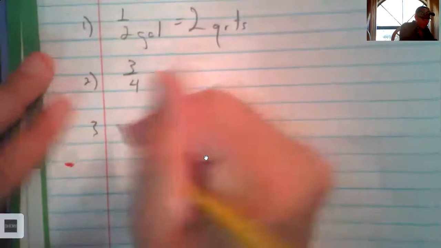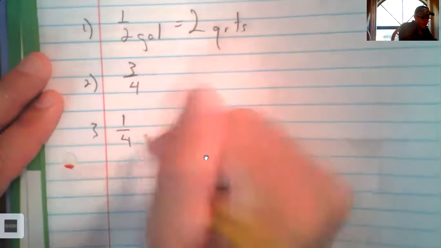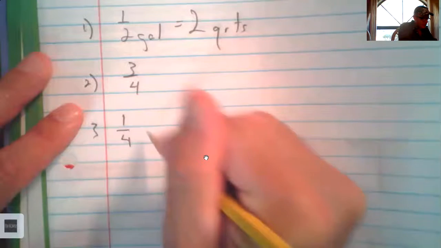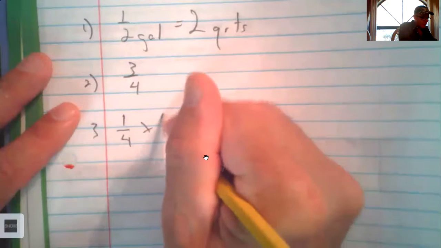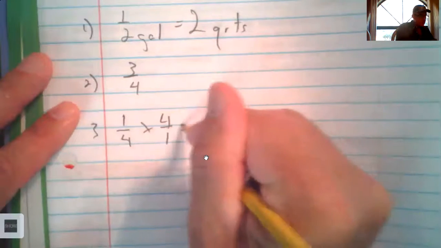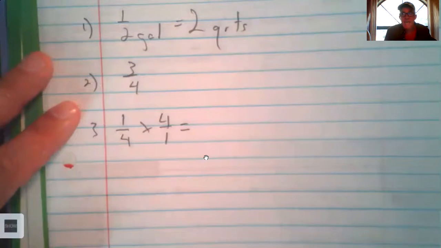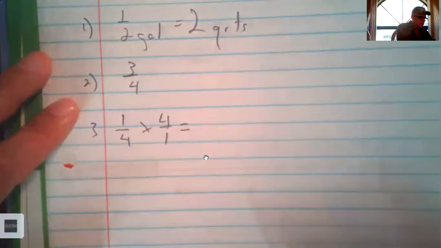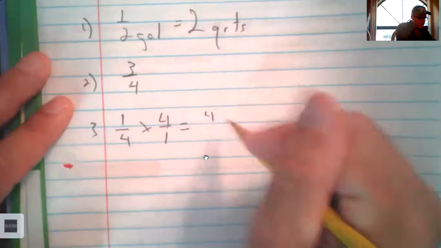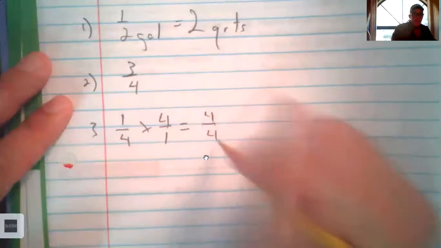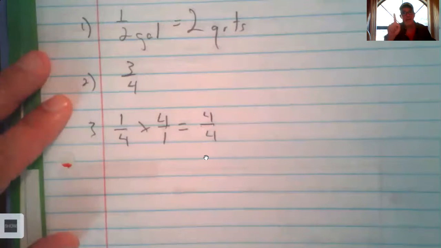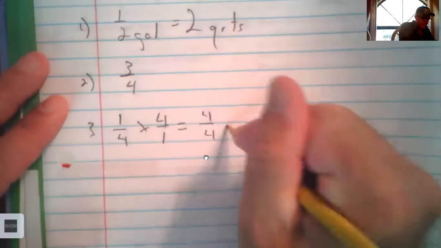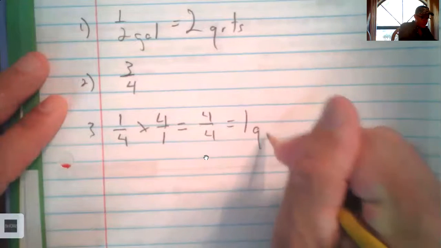So I'm going to multiply 1/4, our gallon, times 4 full quarts, because there are 4 quarts in a gallon. Let's multiply our numerators, 4. Denominators, 4. How many 4's can we get out of a 4? That's right, 1. So we have 1 quart here.